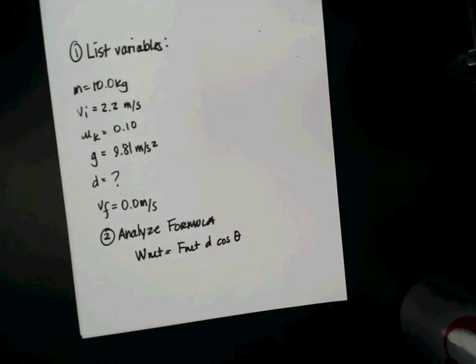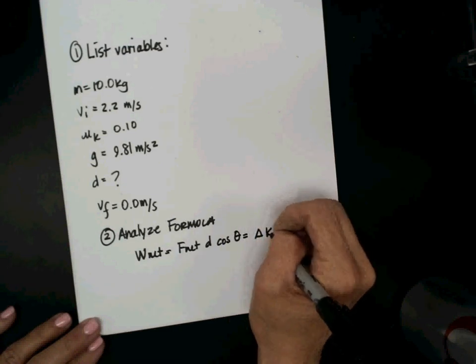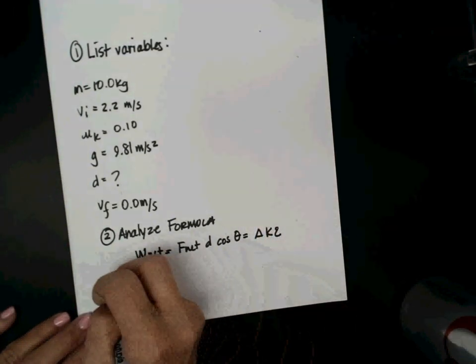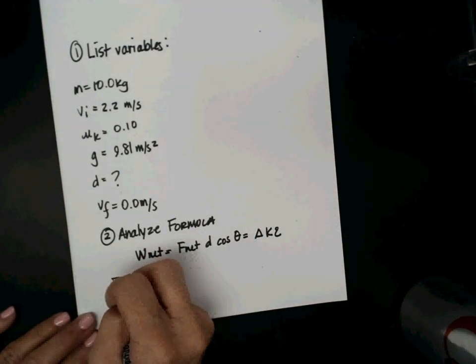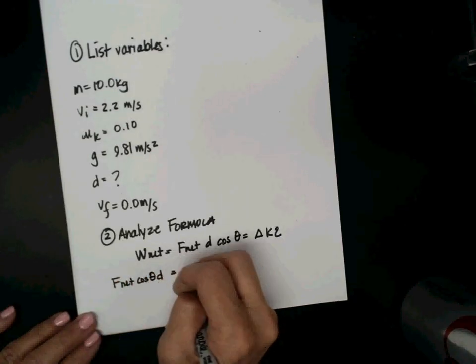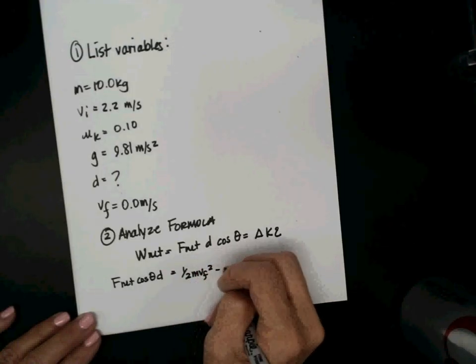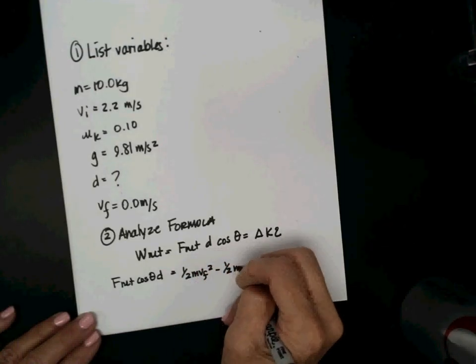And that we know is equal to the change in KE. So I now have F net cosine theta times D is equal to 1/2 MVF squared minus 1/2 MVI squared.